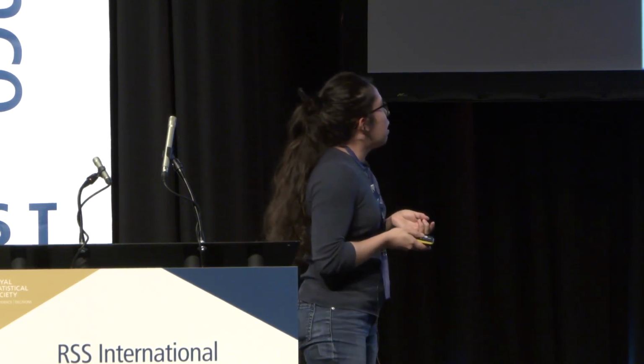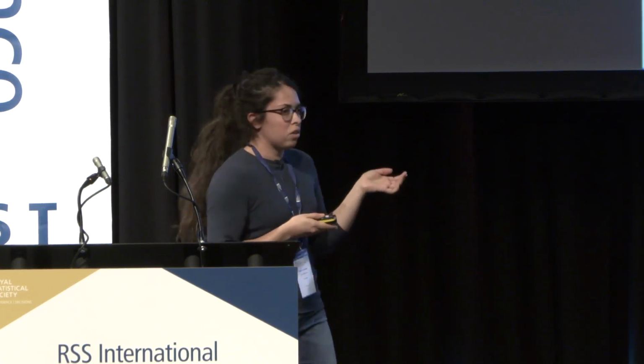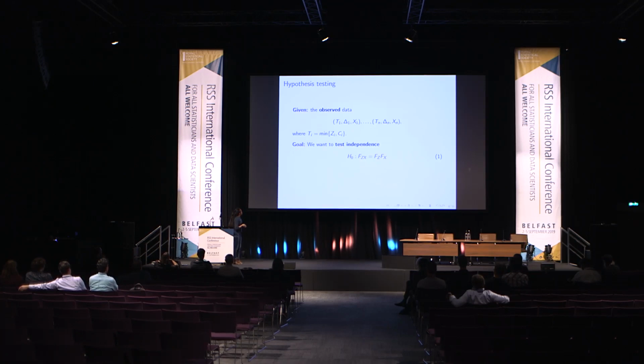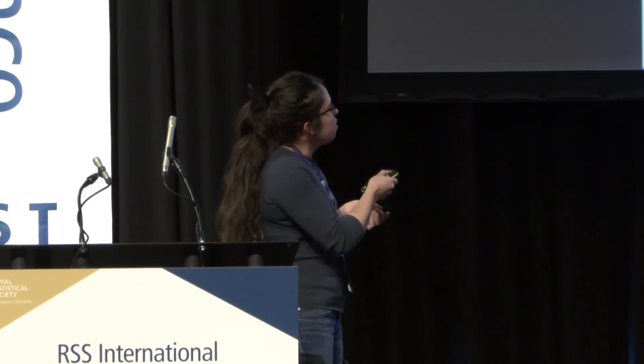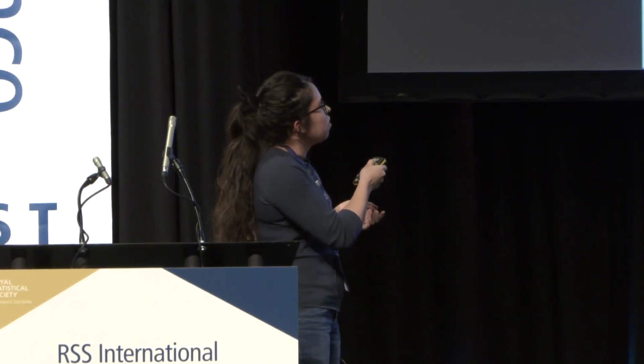And we observe X_i, which is a d-dimensional vector of covariates. Given this data, we want to test independence between survival times Z and X. As you can see, we want to test this, but we are not observing Z, we are observing T_i instead.